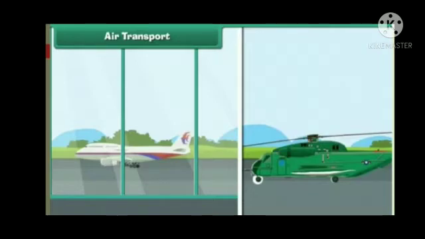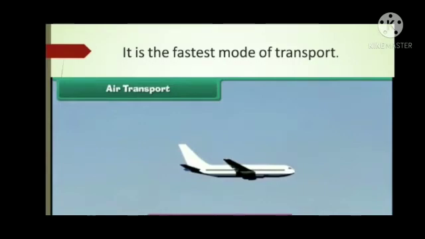We use these different modes of transport at different times in history. The means of transport we use nowadays are faster and safer than the older ones. In the air transport, aeroplane and rocket are the fastest modes of transport.